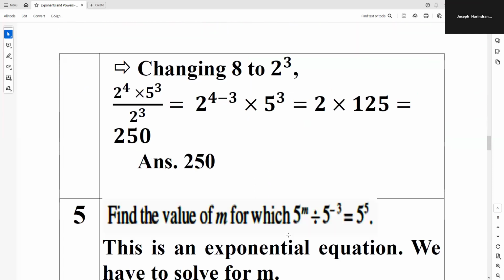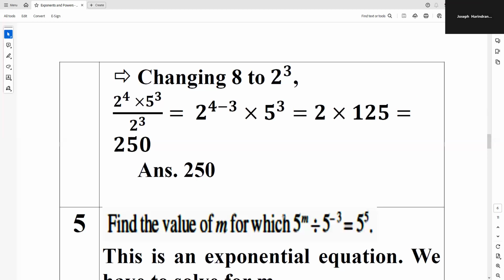Now the next step is to change 8 to 2 cubed, because we have the base 2 in the numerator, 2 power 4. So 8 is written as 2 cubed in the denominator. So we use 2 power 4 by 2 power 3, the division rule of exponents, where we subtract the powers. 2 power 4 minus 3 into 5 power 3, which of course doesn't change. 2 power 4 minus 3 is 2 power 1.